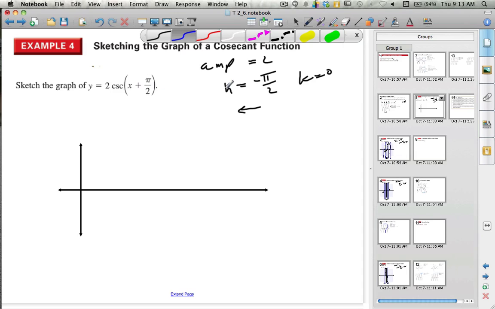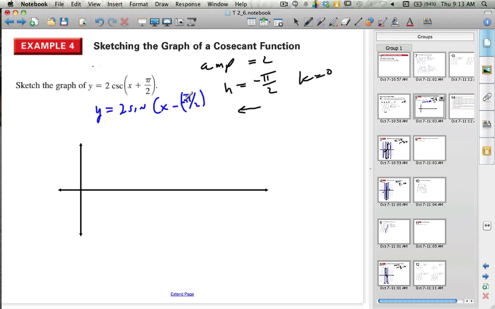So the first thing I want to do is I'm going to graph y is equal to 2 sine of x minus negative pi over 2. So that means that rather than starting here at 0, I'm going to be over here at negative pi over 2. My b value is 1, so then my period is going to be 2 pi over 1, which is 2 pi.